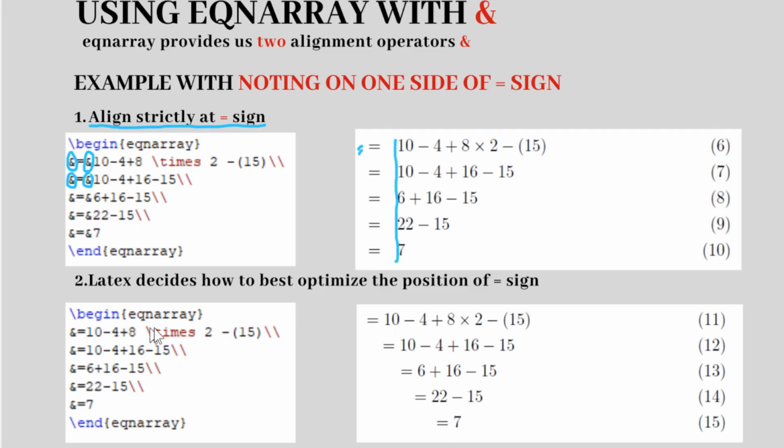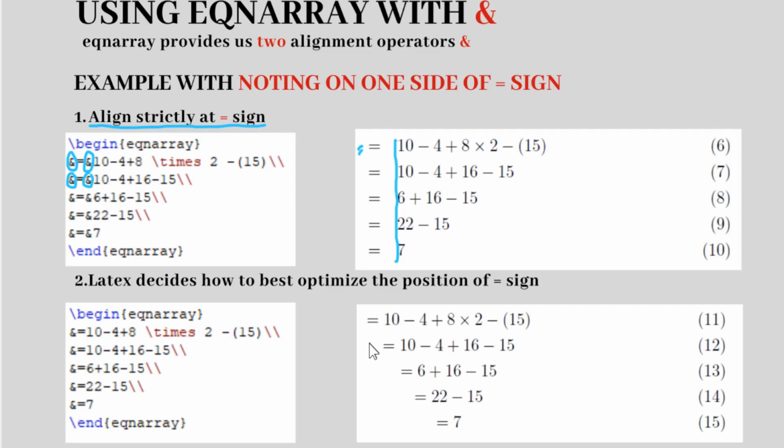Now in the next example at the bottom, I am putting one alignment operator before the equal sign, and I am not using the second operator. In this case LaTeX optimizes the position of the equal sign, because all these equations have varying lengths. LaTeX will try to optimize the best output for this situation when I don't have any number on the left hand side.